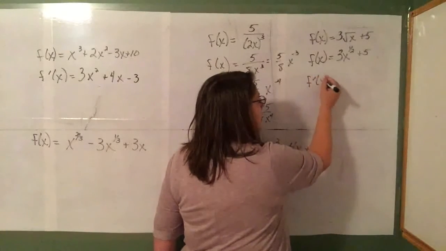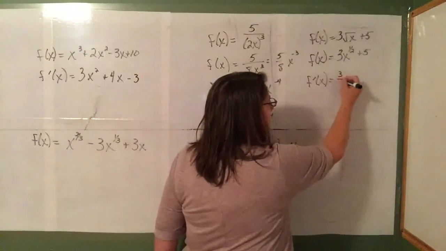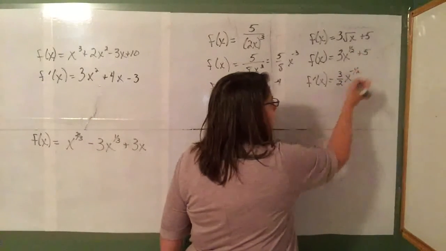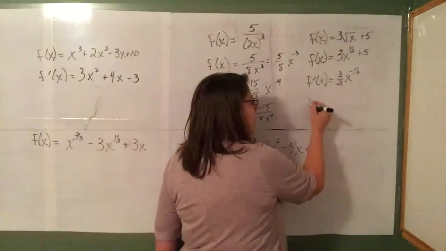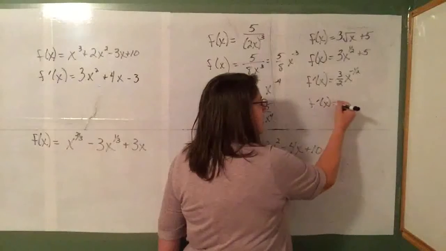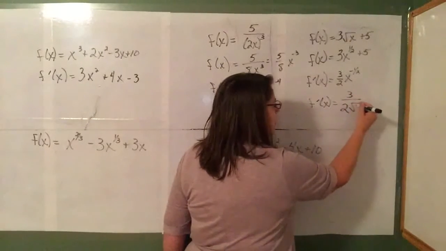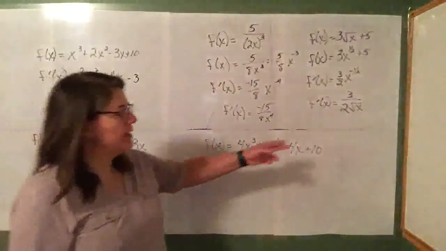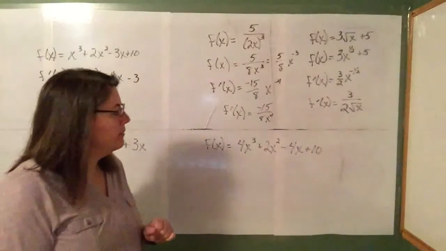So f prime of x is going to be 1/2 times 3 is 3/2 times x, decrease that power by 1, that's negative 1/2, and then it'll be plus 0. So f prime of x is equal to 3 over 2 times the square root of x, and you can leave it like that. You could also write that as 3 over 2x to the 1/2. That would be fine as well.